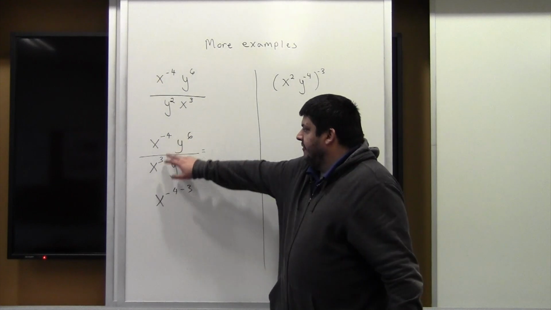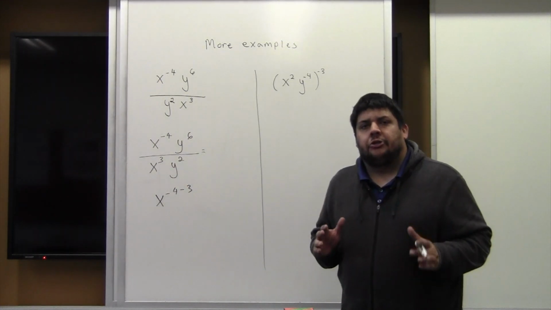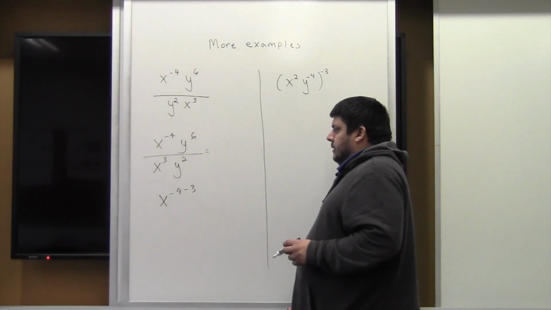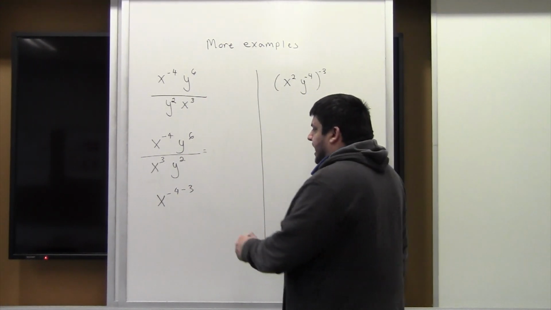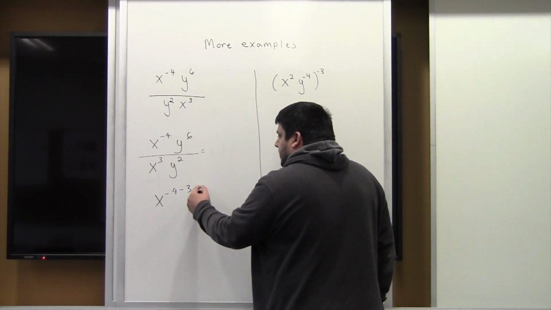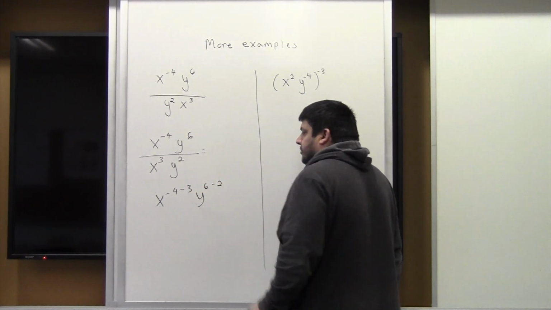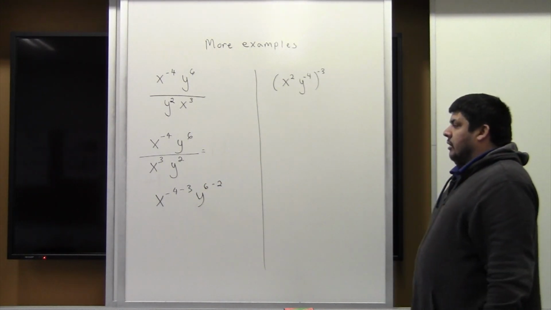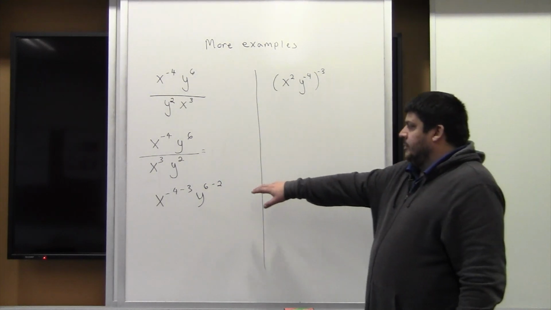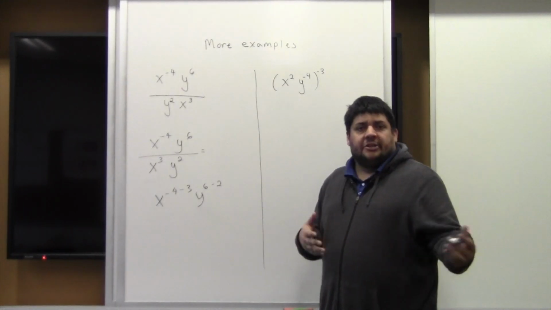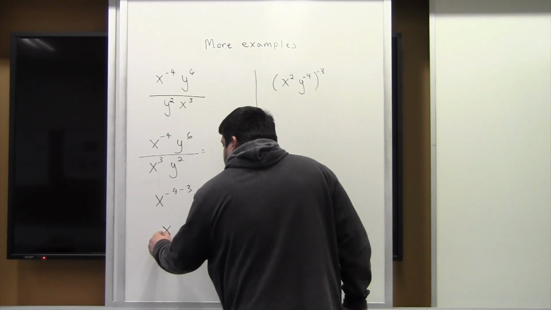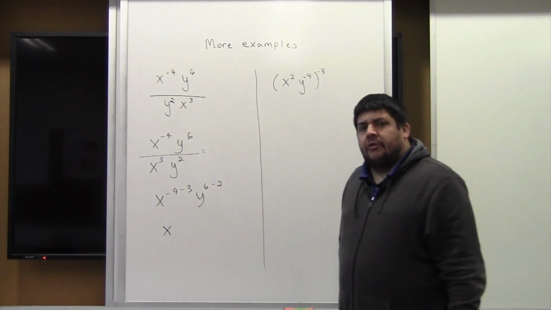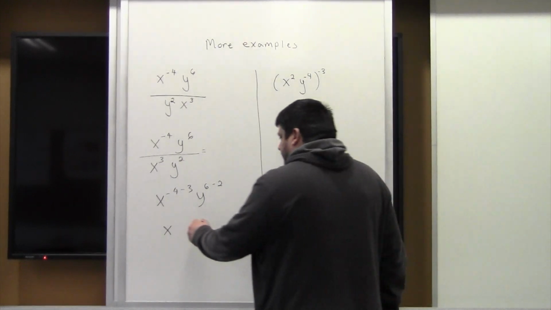Pay attention to your negative signs. And the same thing goes here. We have a division, y to the 6 minus 2. Now, let's simplify by adding and subtracting the exponents. This gives us x to the -4 minus 3, that's -7.